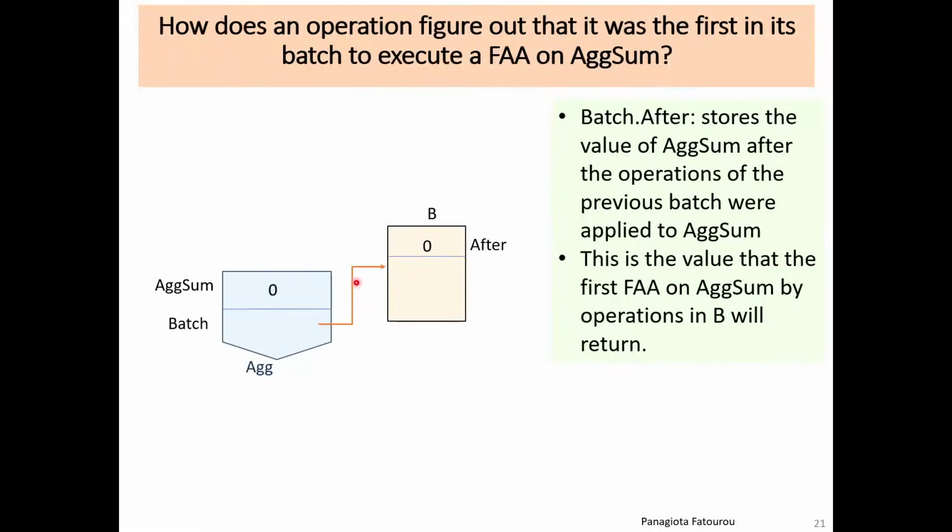This is exactly the value that the first fetch and add on agsum by the operations on B will return. Is this clear to everybody? Okay.